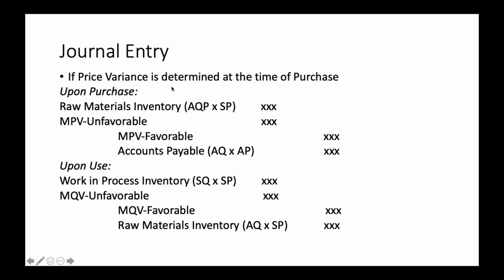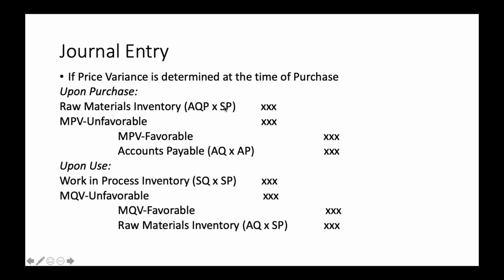So if the variance caused by price difference is determined at the time of purchase, the variance is already discovered at the time of purchase. The entry upon purchase is debit raw materials, on the actual quantity purchased at the standard price, and then credit accounts payable, which is the actual quantity purchased times the actual price.